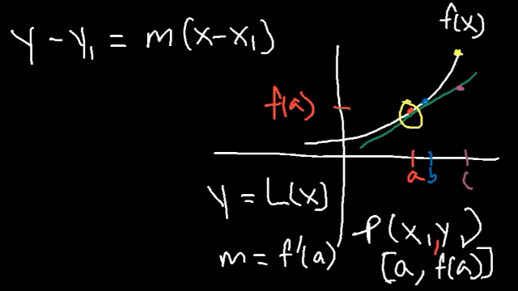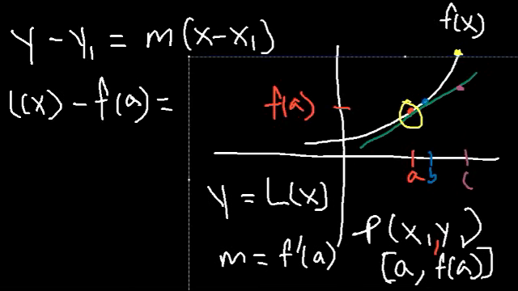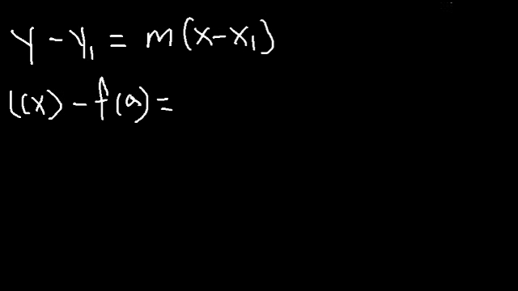That's all we need. So let's replace y with L of x. y1 is going to be f of a. And that's equal to the slope, which we said is f prime of a, times x minus a.